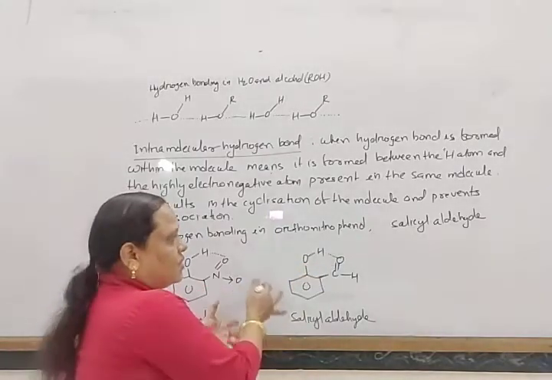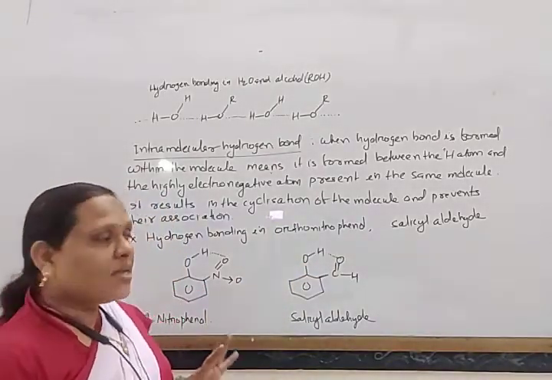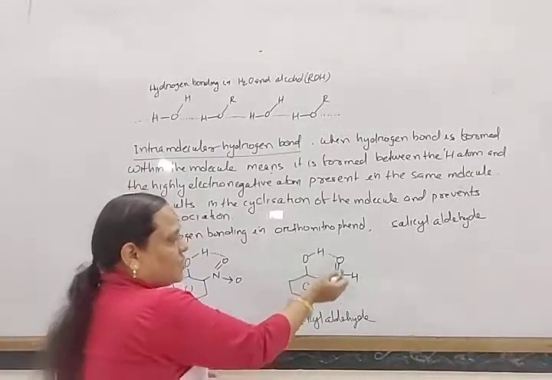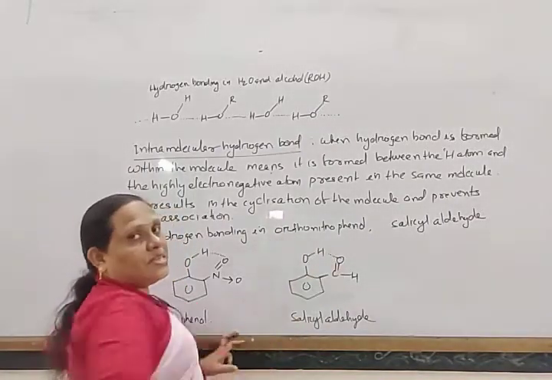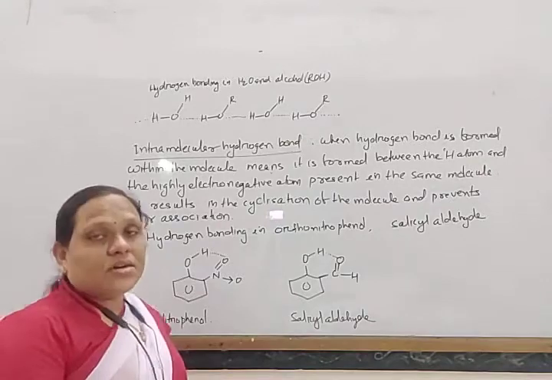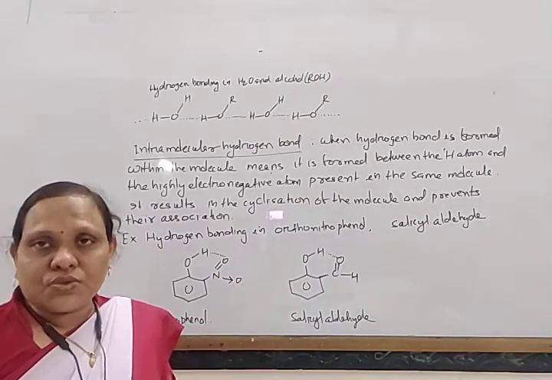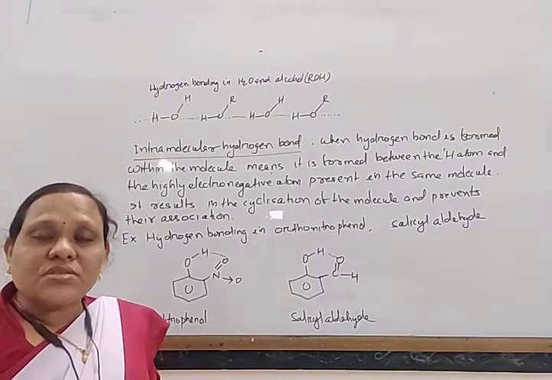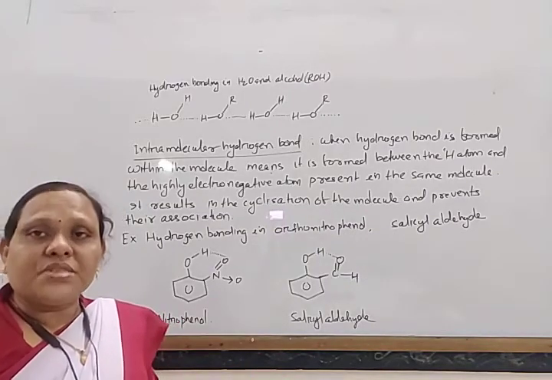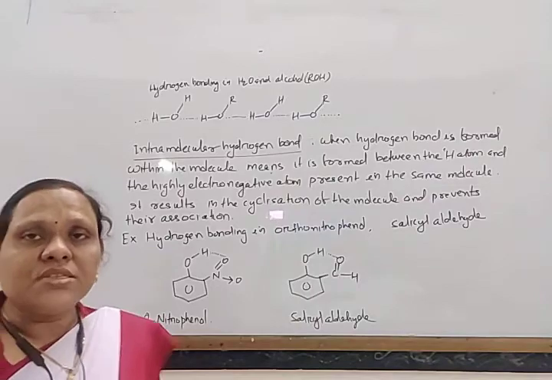So within the molecule, hydrogen bond takes place, due to which ring closure or cyclization takes place. And in this intramolecular hydrogen bonding, molecular association does not take place, and it does not affect much the physical and chemical properties of the substances.